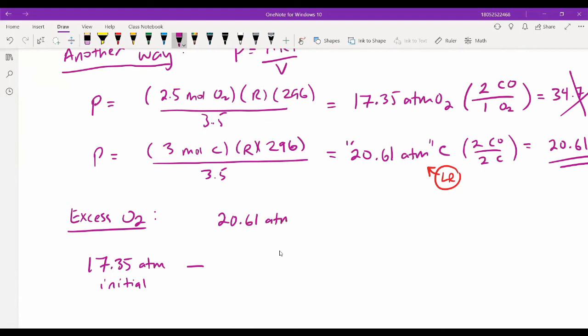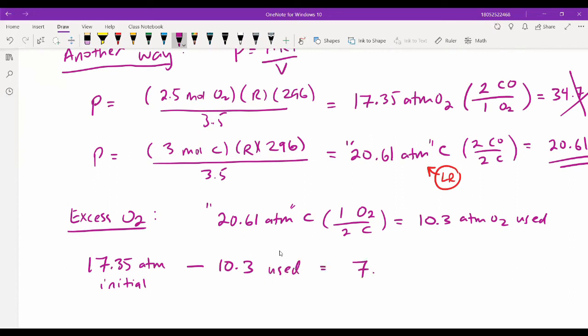So if I take the pressure in quotes of carbon and do 1 O2 for 2 carbons, that's going to be about 10.3 atmospheres of O2 used up. So I'm going to subtract that. And I'm going to get 7.05, let's call it, I guess, 1 atmospheres of O2 in excess.